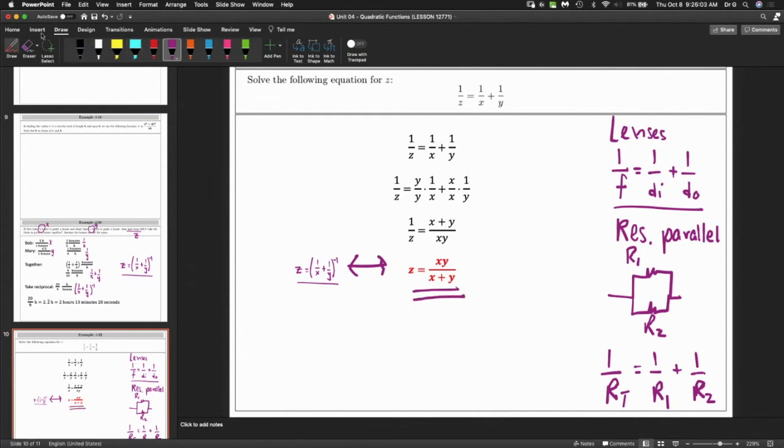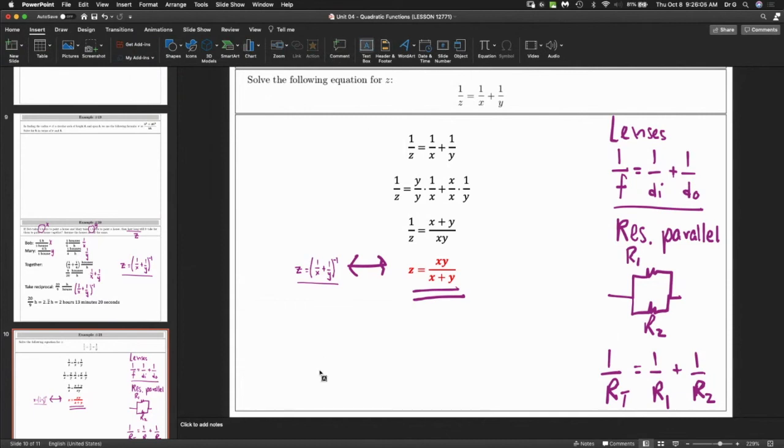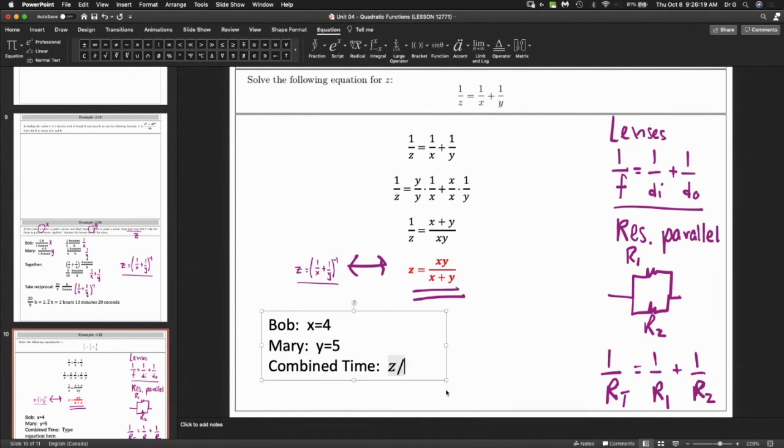Let's just apply it to Bob and Mary quickly to show you that it works, okay? Bob, x equals, was it 4? Mary, y equals 5. Combined time is z.